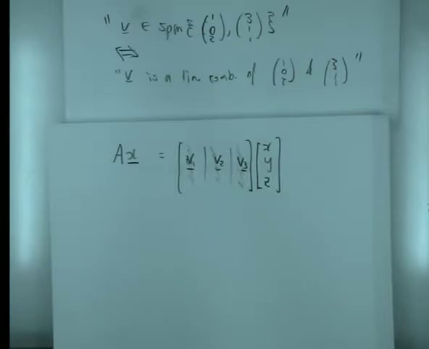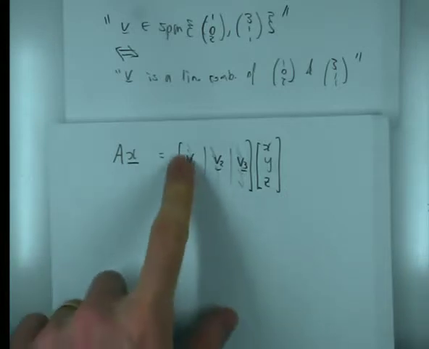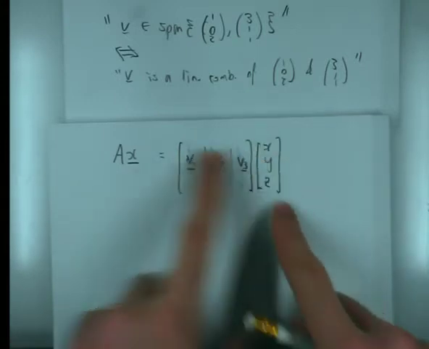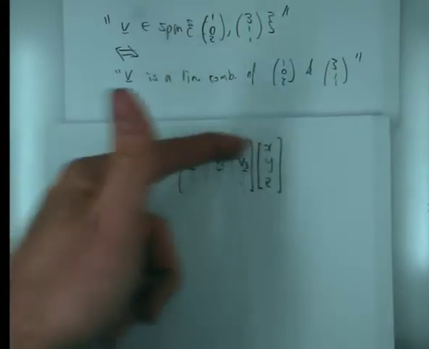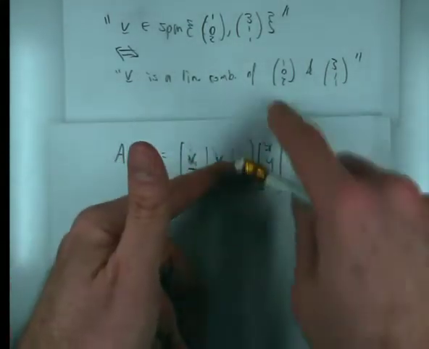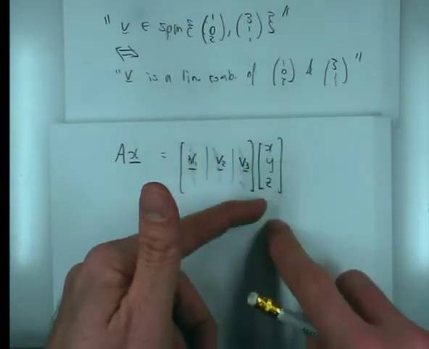Now, here we go. How can I do matrix multiplication? I could go the whole matrix times the first column and then the whole matrix times the second column. That would work. I could do this row times that whole thing, this row times that whole thing, this row times that whole thing.